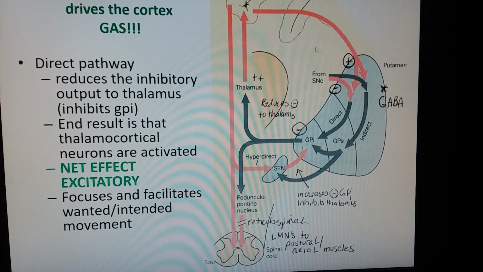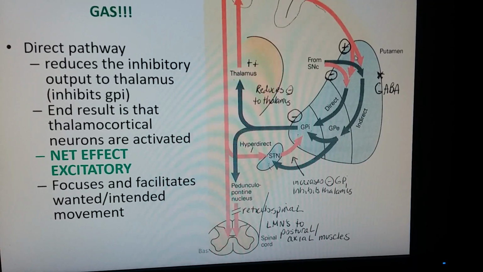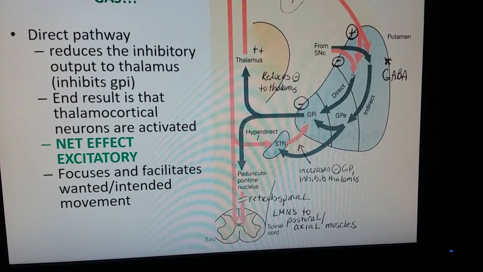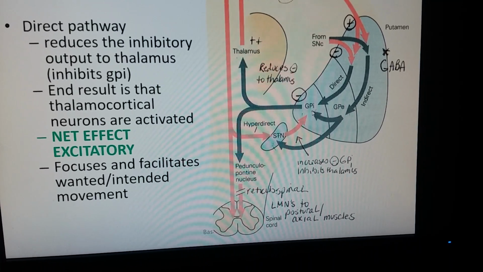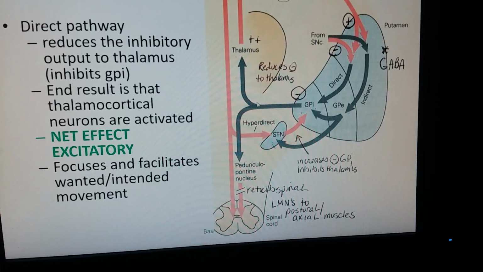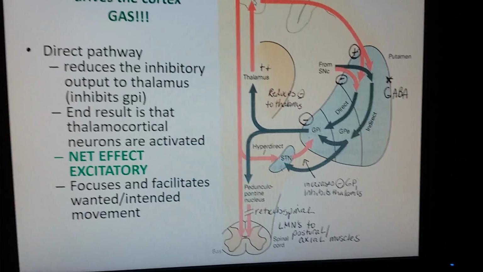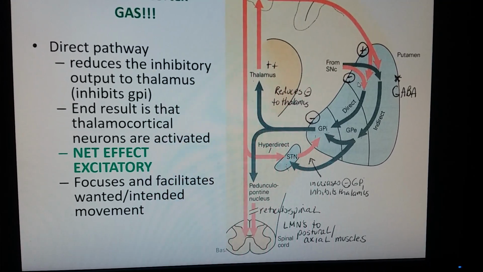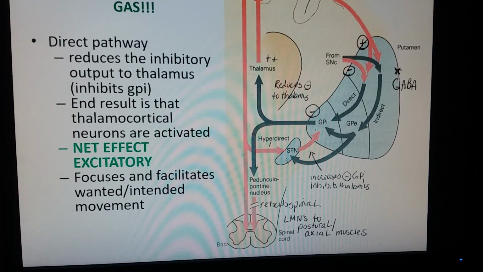Information coming from the cortex is coming into the putamen. Okay, and look at this direct pathway. From the putamen, it goes right to the globus pallidus internus, where its output goes to the thalamus, goes back up to the cortex. Okay, the fun part gets into if you look at what neurotransmitters these components are using.